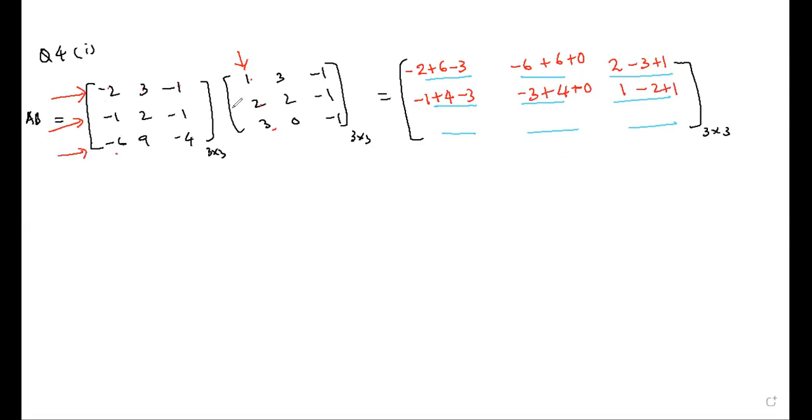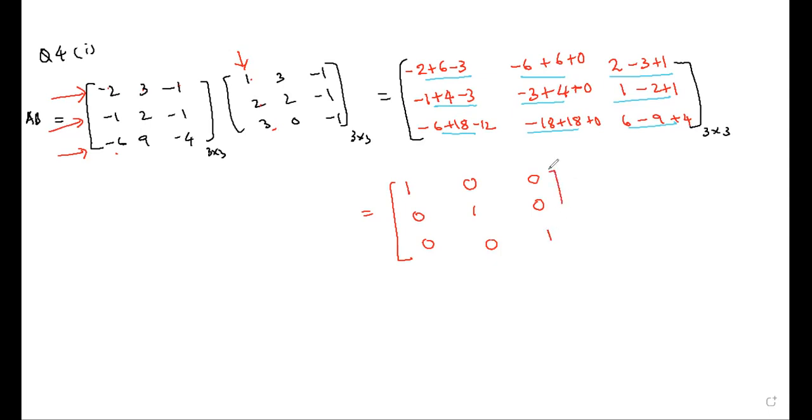Then third row with first column. So your answer will become 1, 0, 0. Then again you'll get 0, 1, 0, and 0, 0, 1.